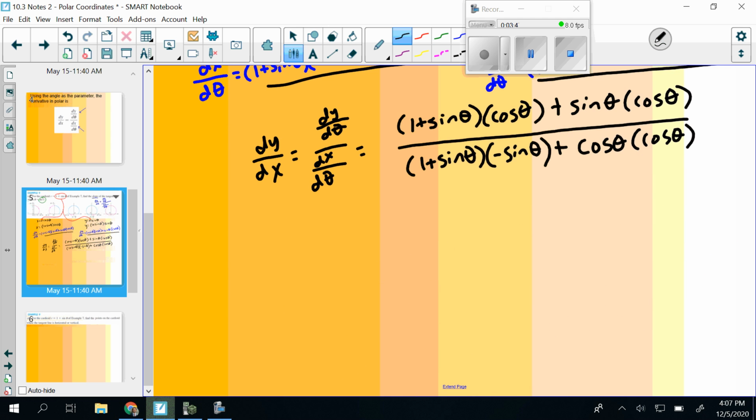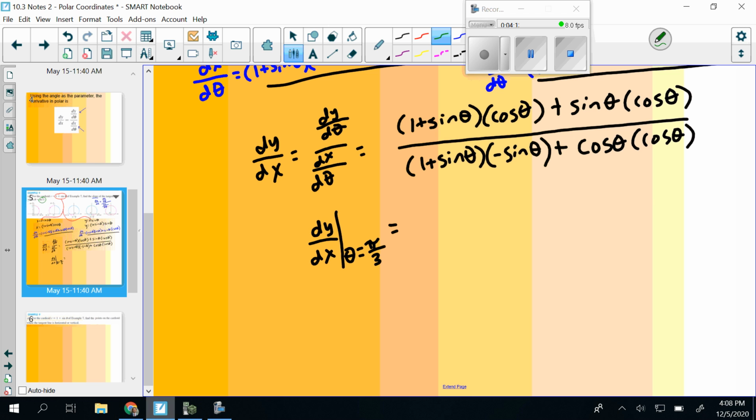So what we're looking at finding now is what is dy/dx when theta is equal to pi over 3. Now this is a good example of one on an AP test. You may have a question like this that you would have to solve without a calculator. So you should be comfortable enough solving these out if a calculator is not available.